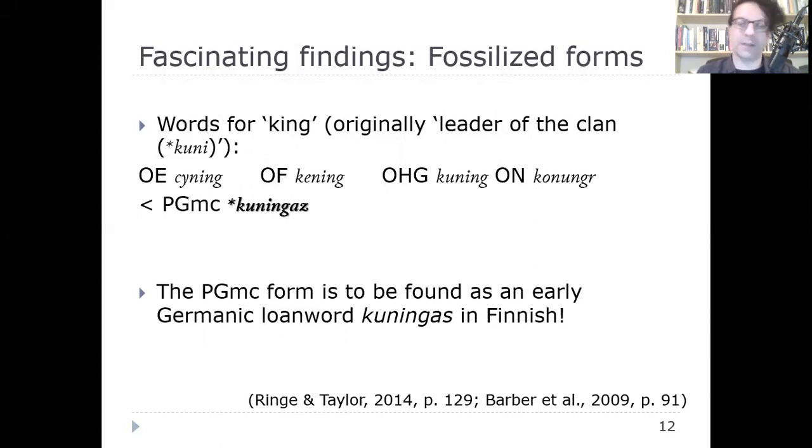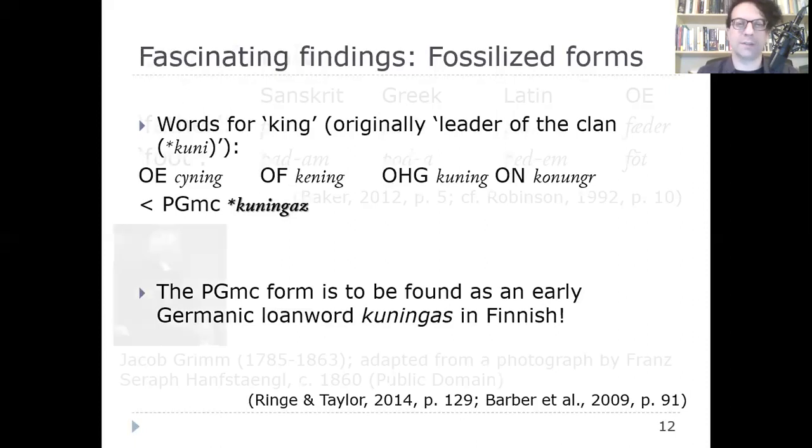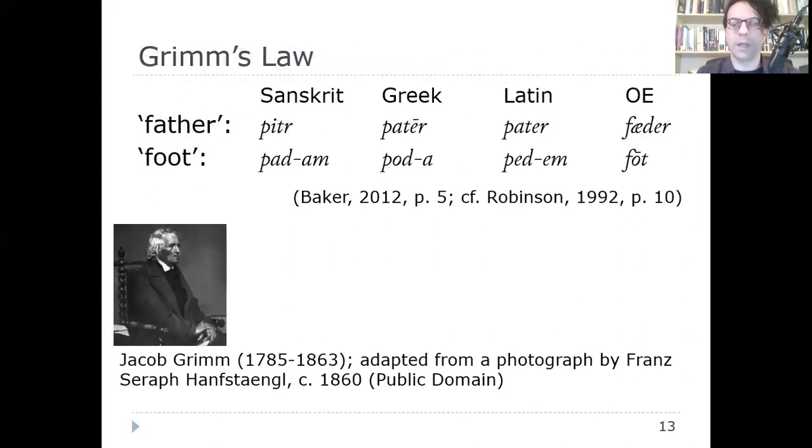Because Finnish is not a Germanic language, and Finnish didn't undergo the same sound changes that Germanic languages underwent. So that now when we reconstruct Proto-Germanic, we find these interesting connections to other languages that have maybe borrowed the Proto-Germanic form from speakers of Proto-Germanic maybe 2,000 years ago. Okay, but that's just a little side note about these fossilized forms.